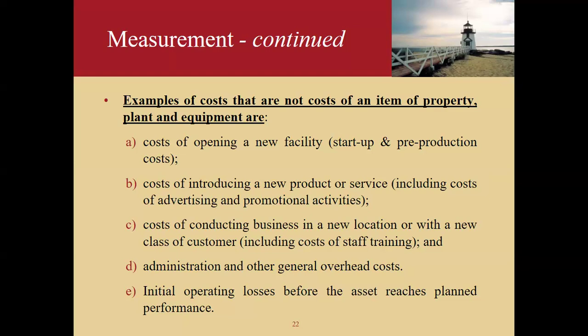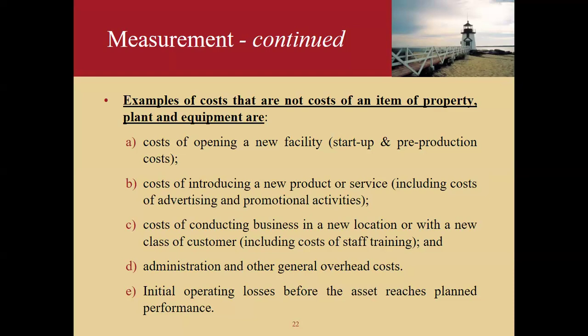So the standard is trying to help us look out for those costs that we might mistakenly include in property, plant and equipment. So these are the examples of the costs that we have to recognize. So take note that these are the tricks the examiner will use in scenarios. They will give you costs that are not supposed to be recognized under property, plant, and equipment, and costs that are supposed to be recognized under property, plant, and equipment.